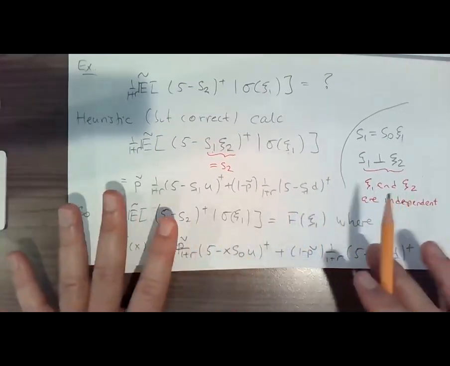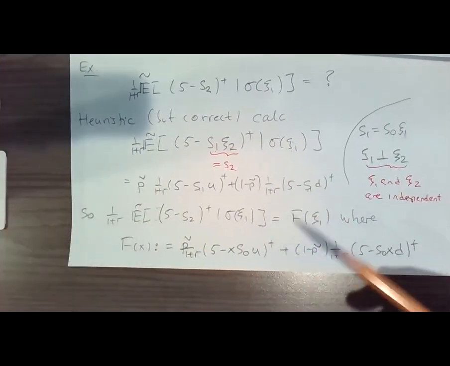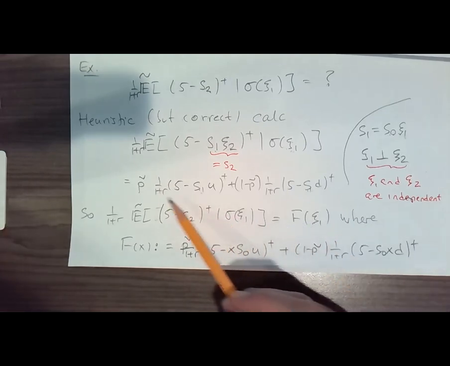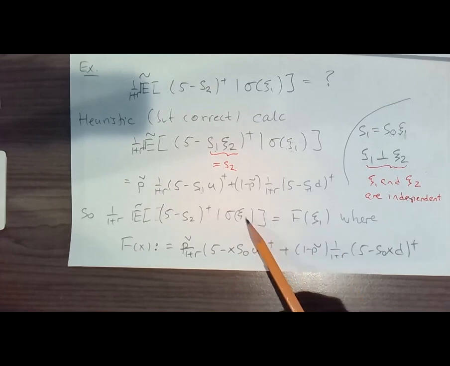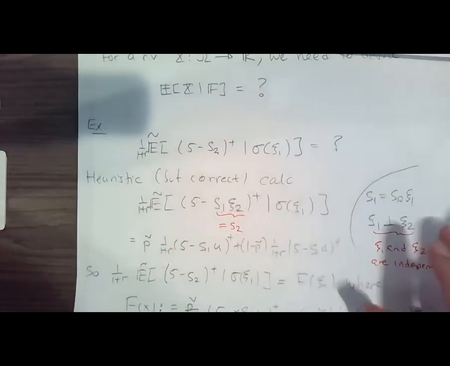So it's this sort of definition that we're looking for: these conditional expectations are functions of those random variables that we're conditioning on. That's how it's going to be ultimately defined.